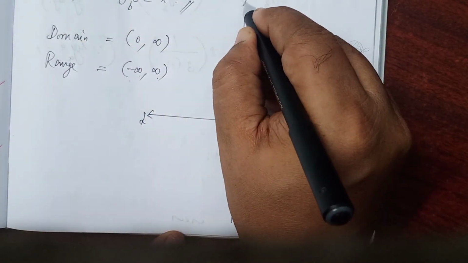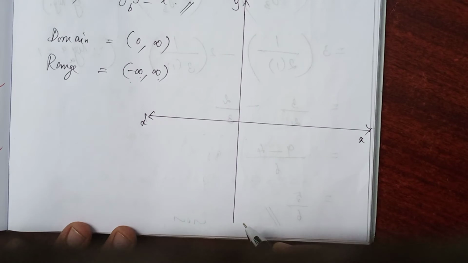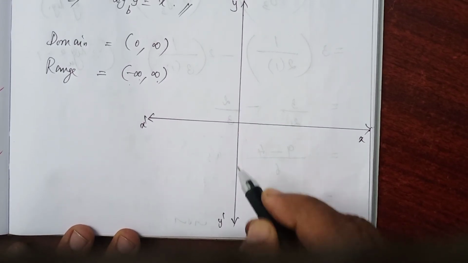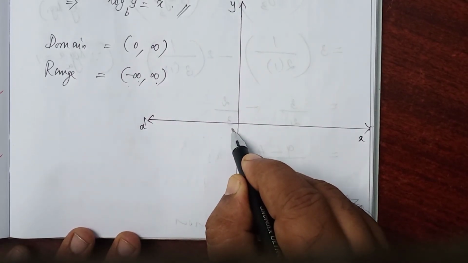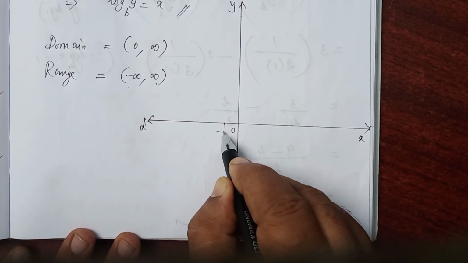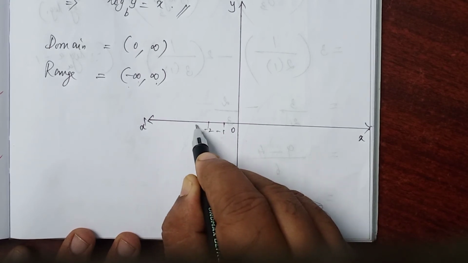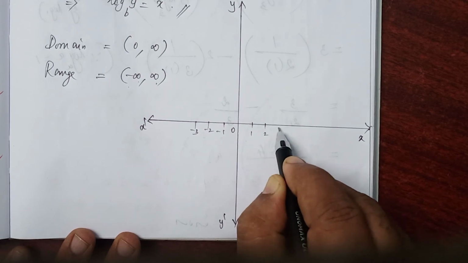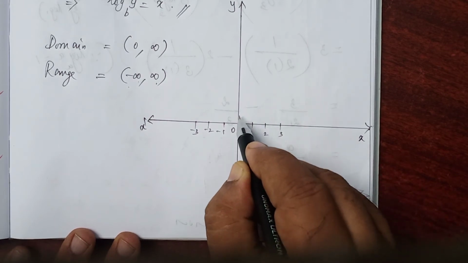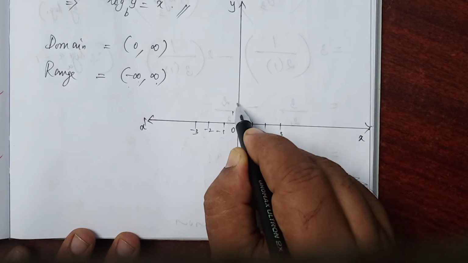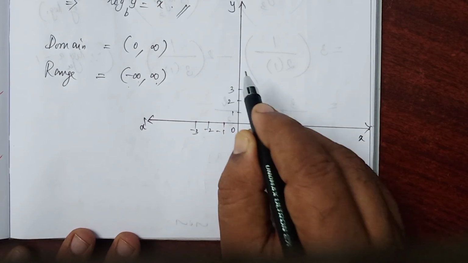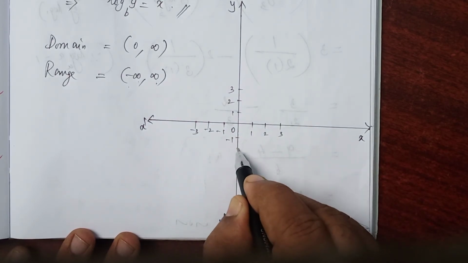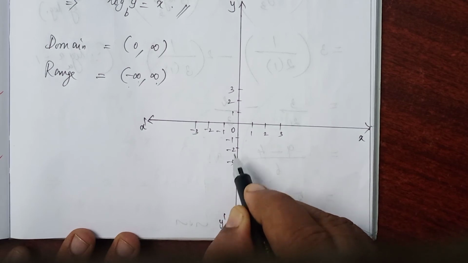x dash, y and y dash. 0, minus 1, minus 2, minus 3 it is going on. Here plus 1, plus 2, plus 3 is going on. Here 1, 2, 3 is going on. Here minus 1, minus 2, minus 3 is going on.